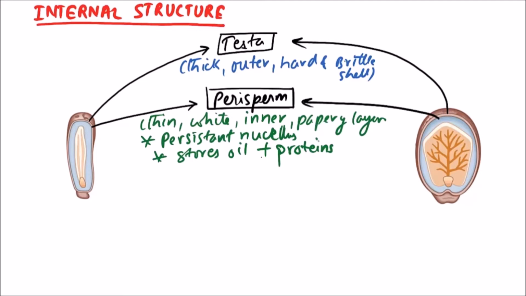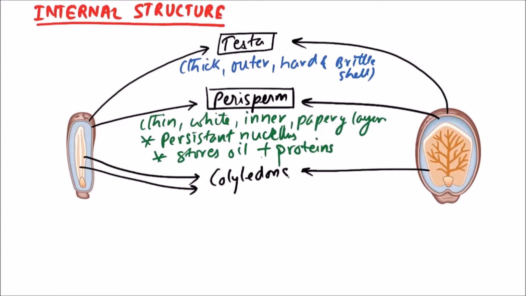Now the next structure is these thin structures, which can be observed here also. These are representing the cotyledons. Now a few points about the cotyledons.